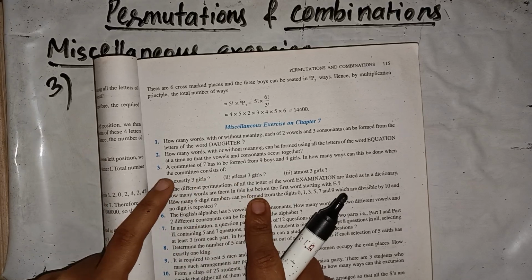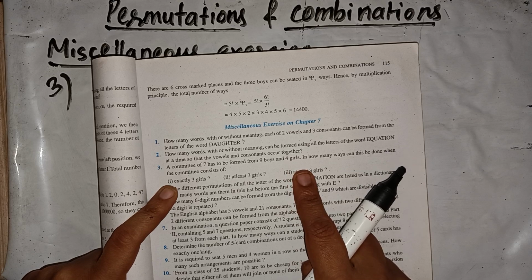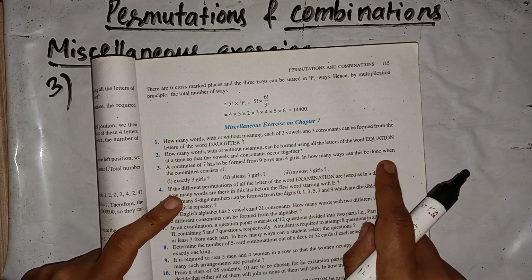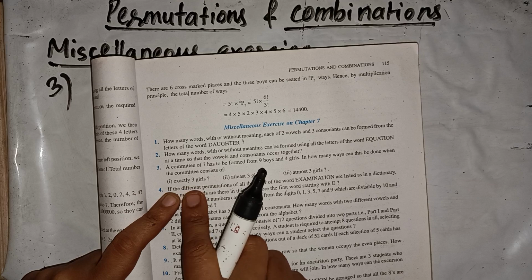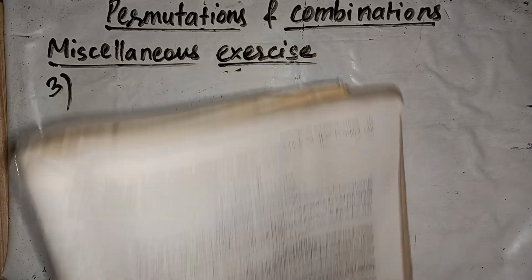Third question. A committee of 7 has to be formed from 9 boys and 4 girls. How many ways can this be done when the committee consists of exactly 3 girls, at least 3 girls, at most 3 girls? Okay.